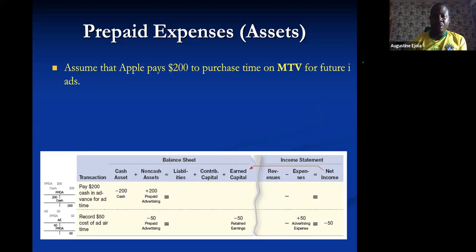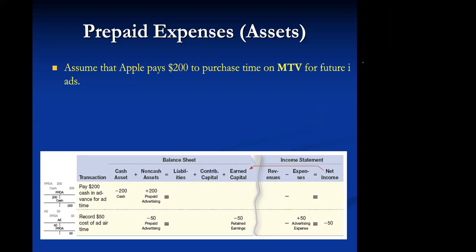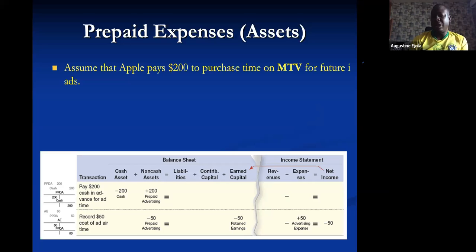So you are going to credit your cash account. Why would you credit your cash account? Because you are making payments, right? Yes. And you are going to debit an account. Which account are you going to debit?